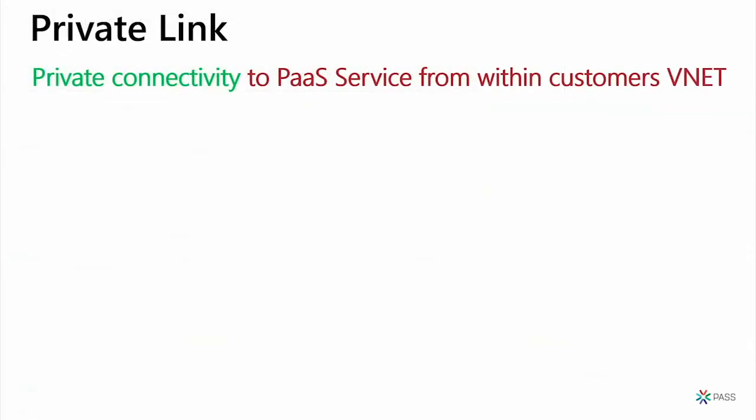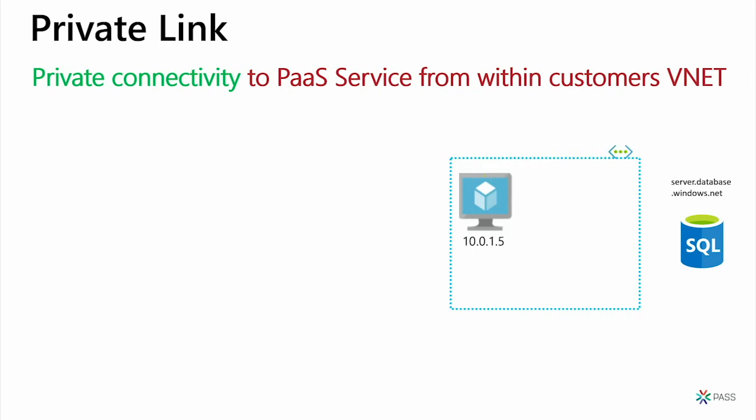What's upcoming is a feature called private link. The basic idea here is private connectivity to your PaaS service. Let me show you how that works in practice. Assume you have a SQL server and a virtual machine inside of a VNet with its private IP address, 10.1.5.